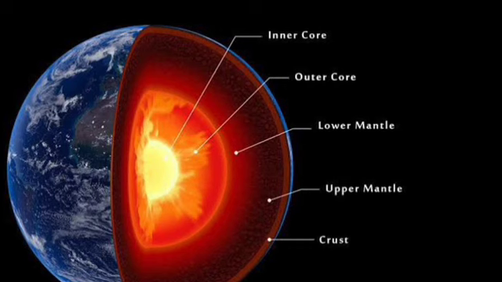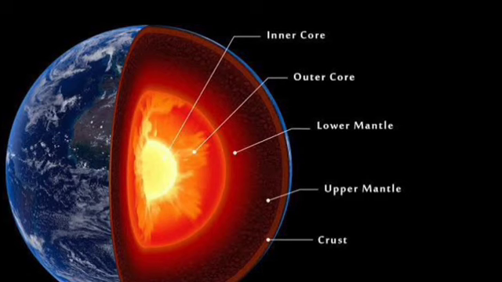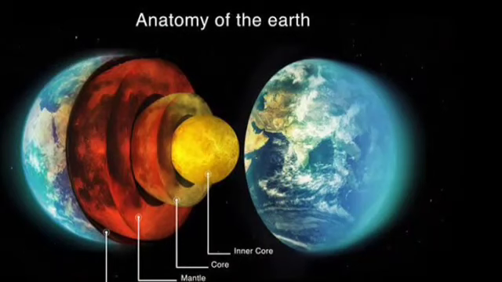Normal faults form when the hanging wall drops down in relation to the foot wall.